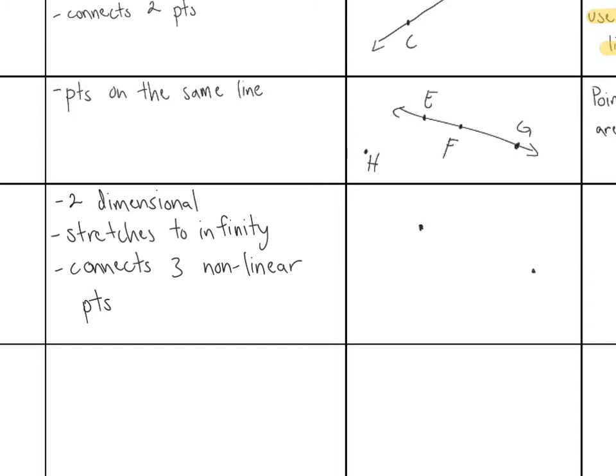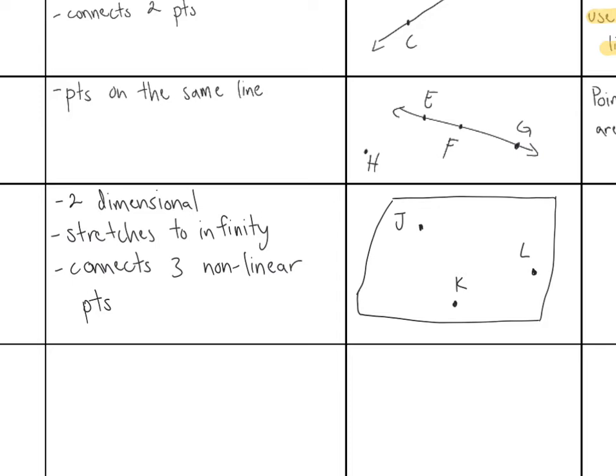Here's a point, here's another point. I could technically connect these with a single line, but I need to add a third point that is not going to be on that same line. Let's call this J, K, and L. And then in order to signify that this is a plane, I do need to add sides, something like this. All right, 4 sides.